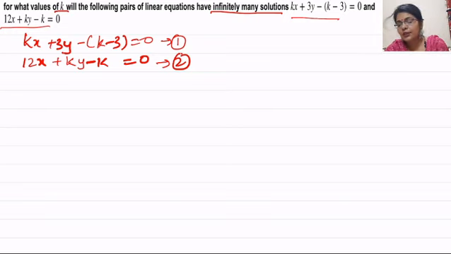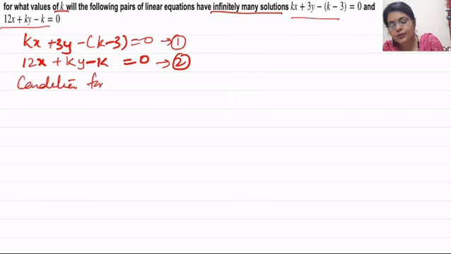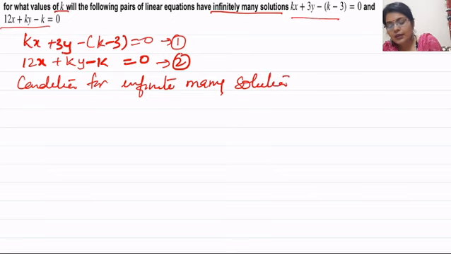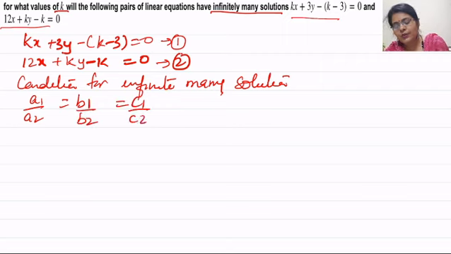So what is the condition for infinitely many solutions? The condition for infinitely many solutions is a1 upon a2 is equal to b1 upon b2 is equal to c1 upon c2.